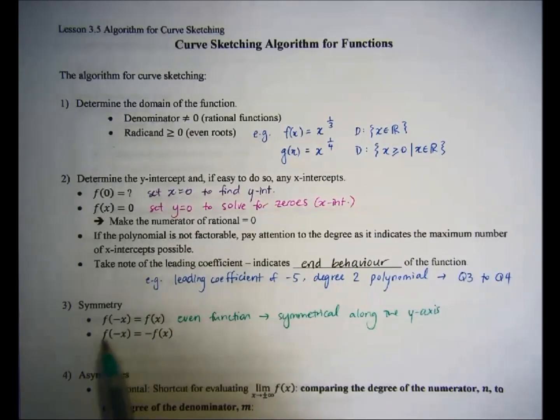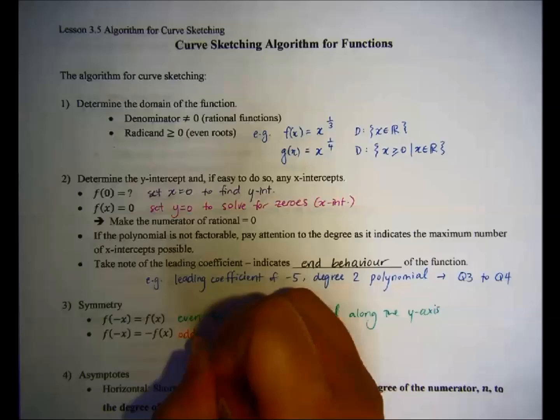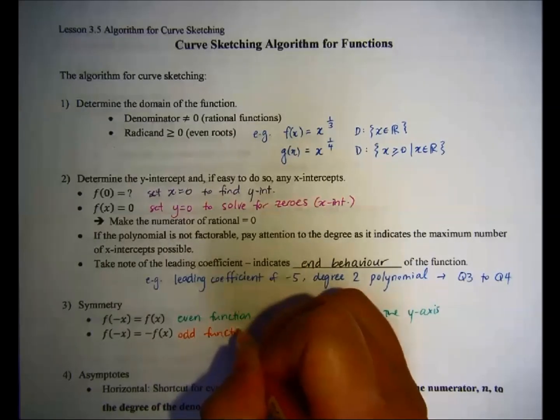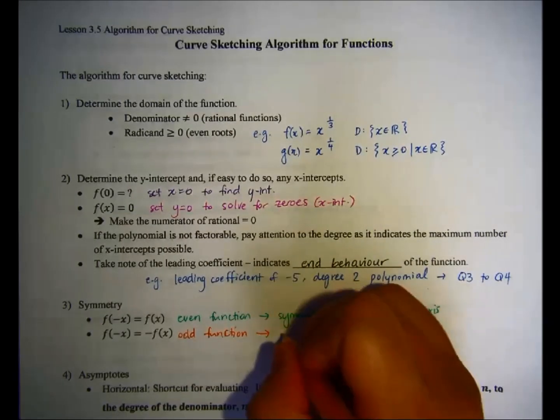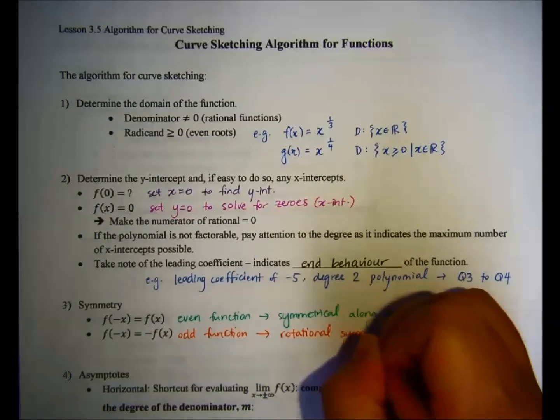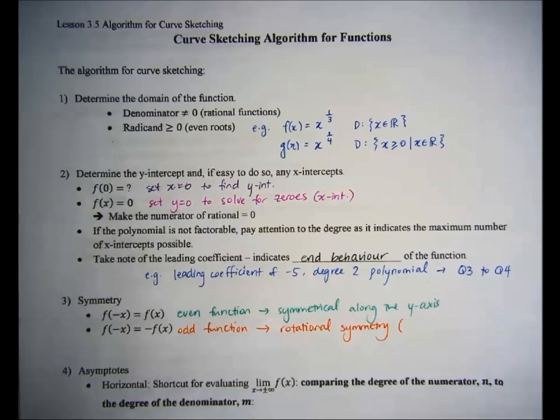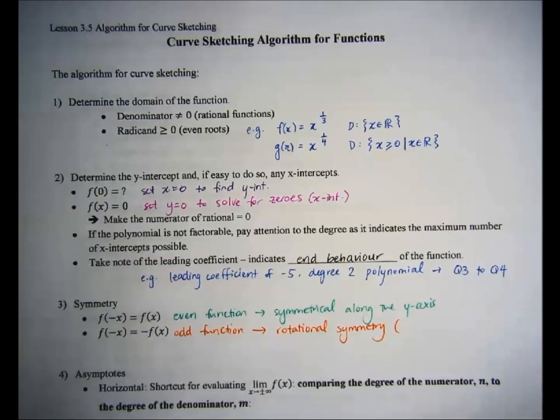Okay, if f of -x is equal to negative f of x, then that meant we had an odd function. And for odd functions, we had rotational symmetry, meaning that we could rotate the function 180 degrees about the origin, 0, 0, and we would get the same function back.